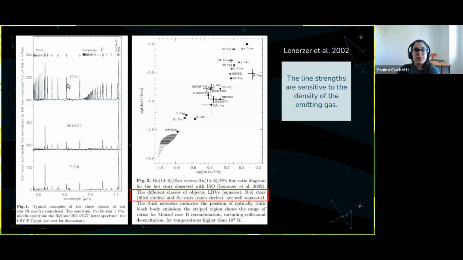So they found that BE stars are in this position in the diagram, that in the middle are the B[e] stars, and that in this region, closer to the optically thin case, are the LBV positions in this diagram. So they say that the line strengths are sensitive, and they can give us information about the density of the emitting gas.